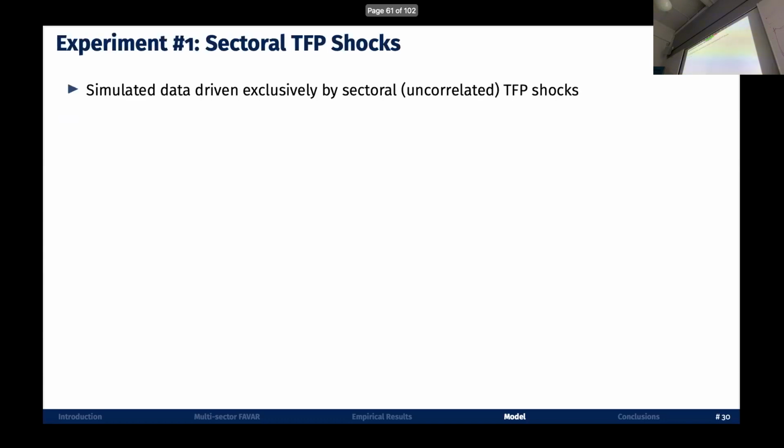Crucially, we simulate the data from the model assuming that there is no aggregate shock whatsoever. So there is no monetary policy, there is no oil shock that affects the sector, there is no aggregate TFP shock, and so on. There are only sectoral productivity shocks that are uncorrelated among themselves.